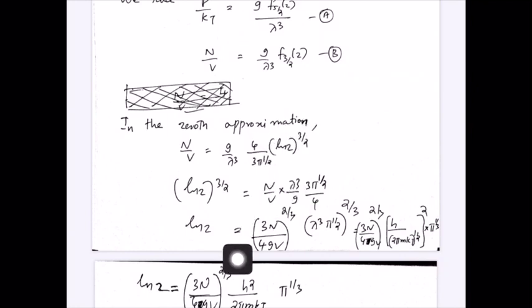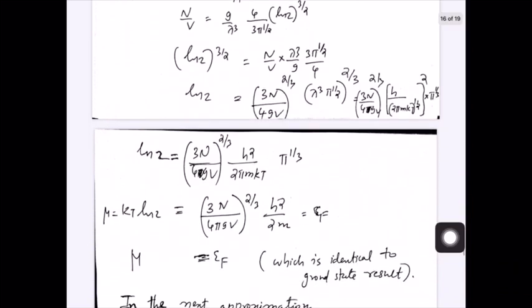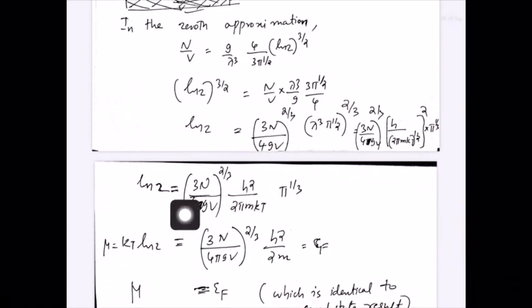So we find log Z from this. This is N by V, the particle density, which is equal to this. From that we find log Z, and log Z is this.